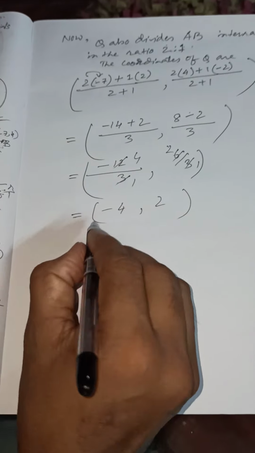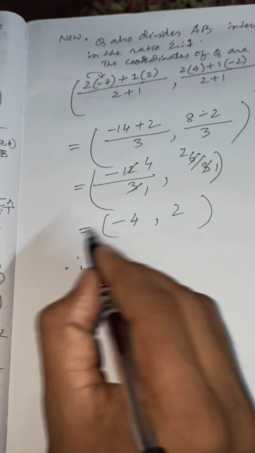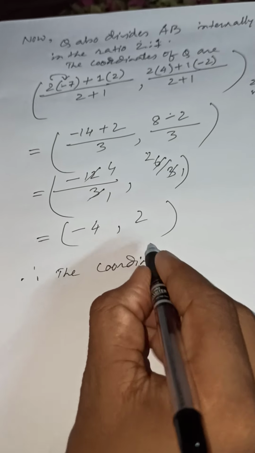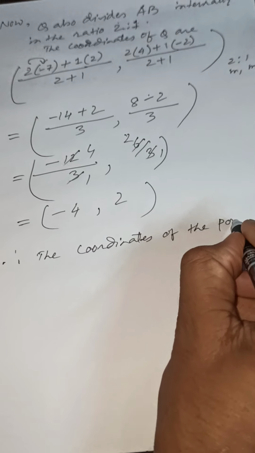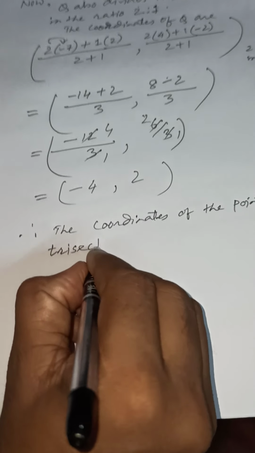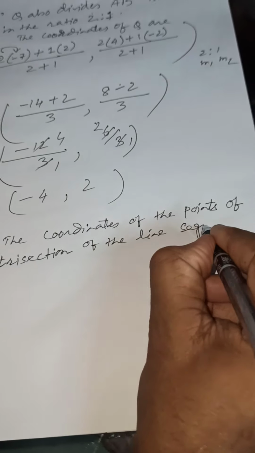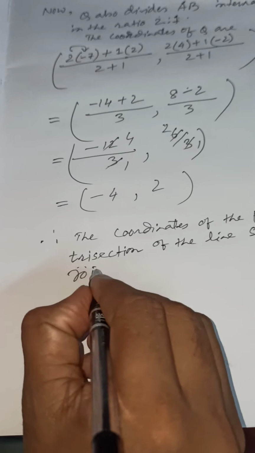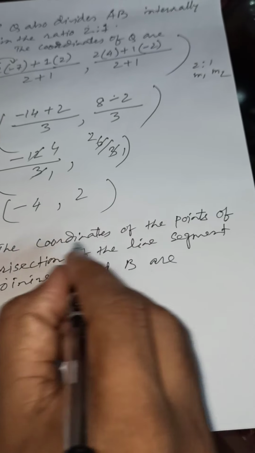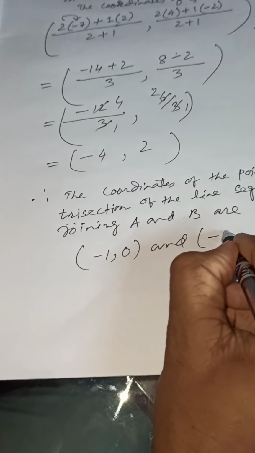Dividing by this 2, now we have got it. Therefore, the coordinates of the points of trisection of the line segment joining A and B are (-1, 0) and (-4, 2).